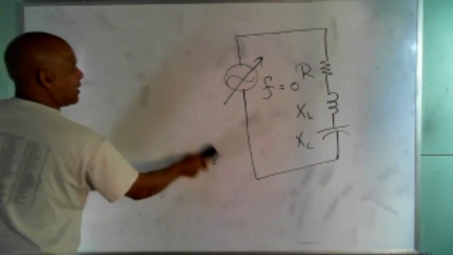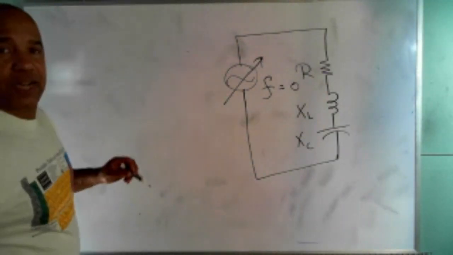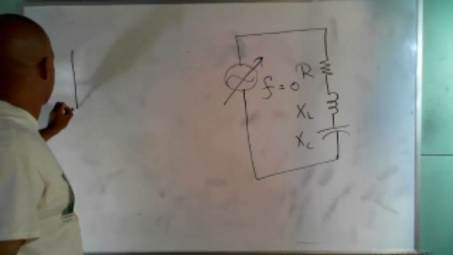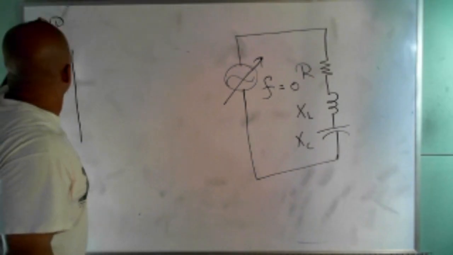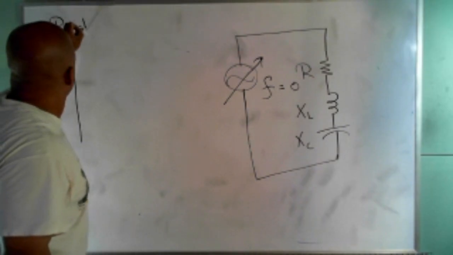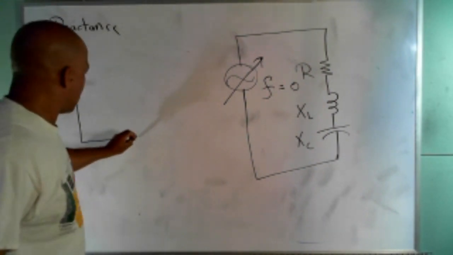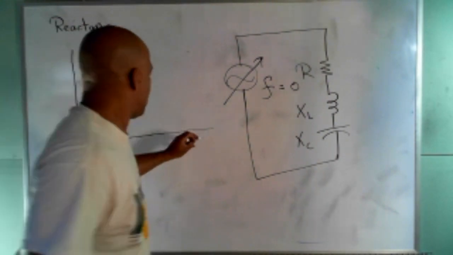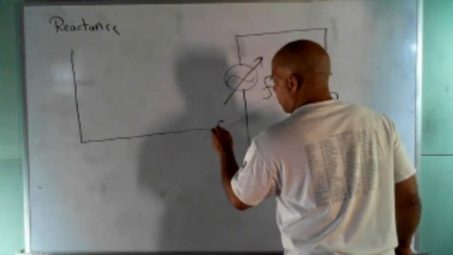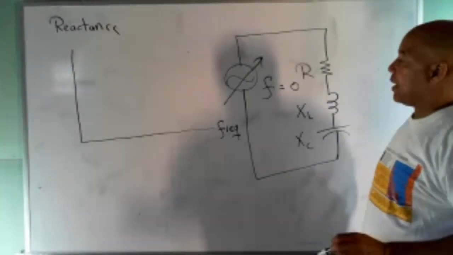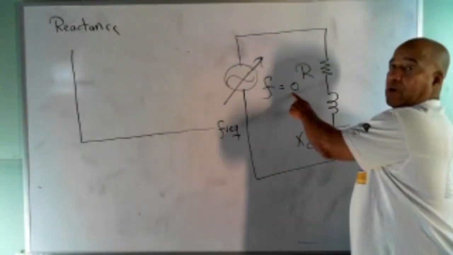Let me erase this and go back and ask the same question, but this time I'm going to use a graph. So on here I have reactance, and right here I have frequency. And I have this set to 0.